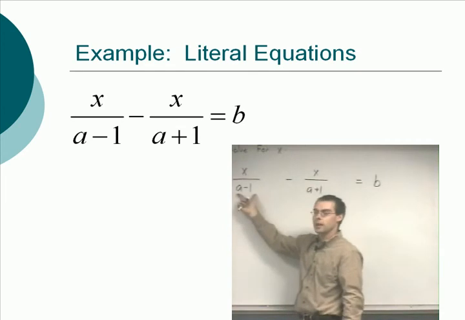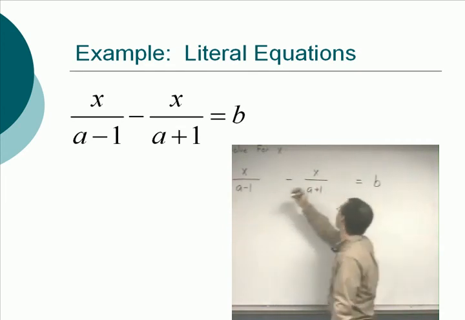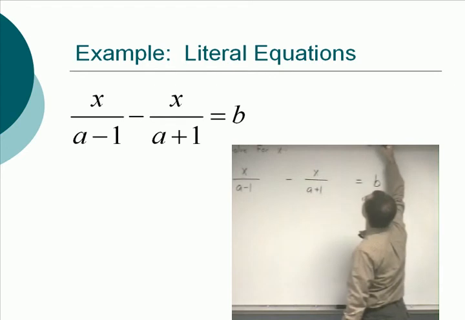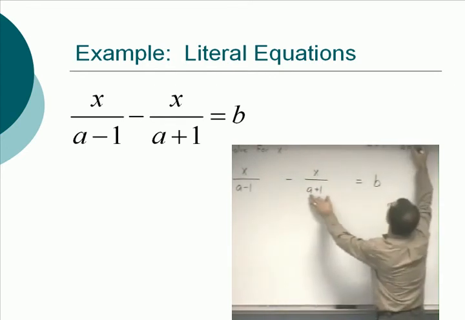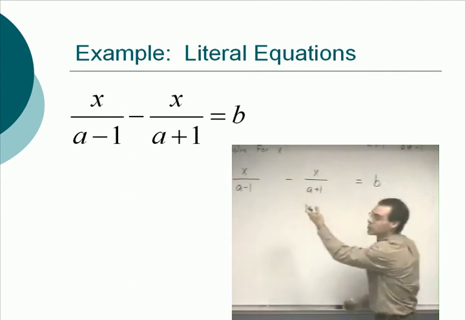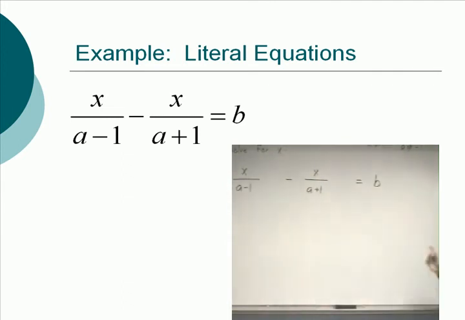Here your restriction on A is 1. So we'll make a note here that A cannot be equal to 1. Also, A cannot be negative 1. Well, our solution is going to be for X, so that won't be a problem, but it's always good to recognize them. Okay, now we want to solve this for X. So we want to clear all of our fractions.